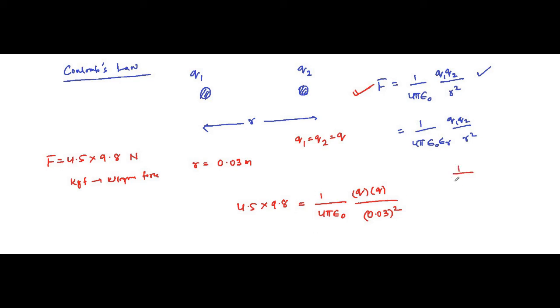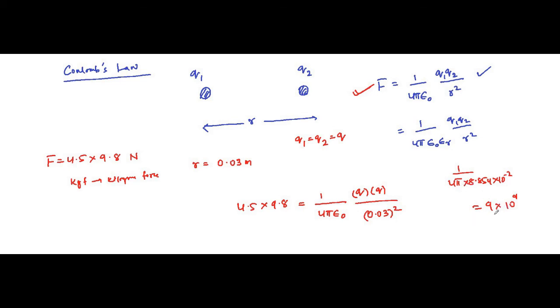Another important thing: this value 1 by 4 pi epsilon 0, that is 1 by 4 pi into 8.854 into 10 to the power minus 12, comes to 9 into 10 to the power 9. Always remember this whenever the two charges are placed in air. You just put this value, no need to write 1 by 4 pi epsilon 0.